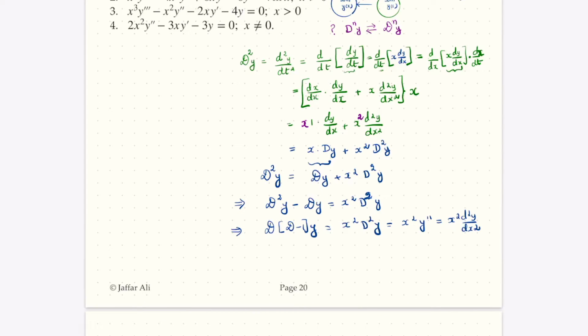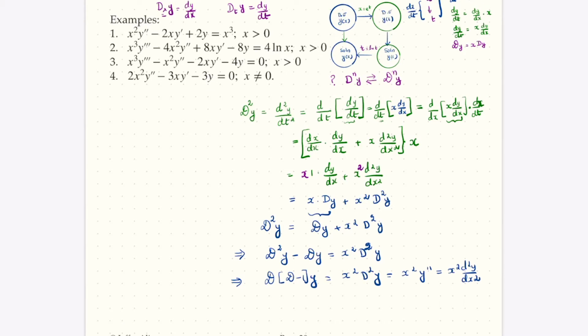If I combine what I have so far, this script dy happens to be x times dy. What do I mean by that?